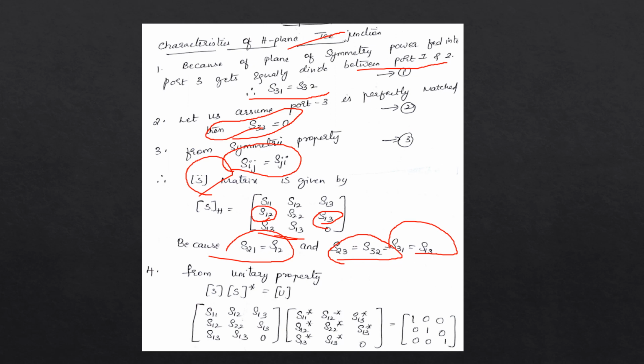From the unitary property, we know that matrix S into the conjugate of matrix S is equal to unity. We have to prove this unitary property by taking the conjugate of this particular S matrix. Hence, we will get the unity matrix, the identity matrix, that is diagonal elements are 1 and the rest of the elements are 0.